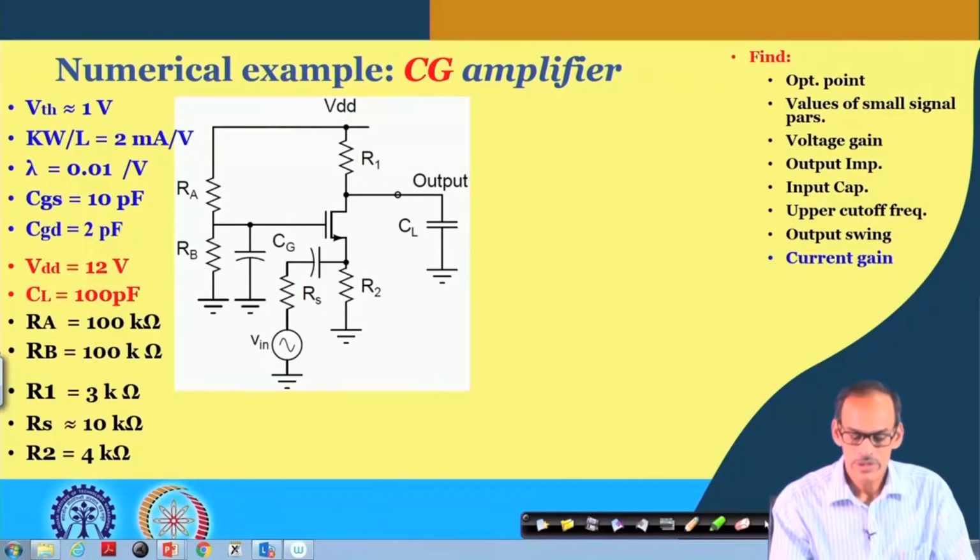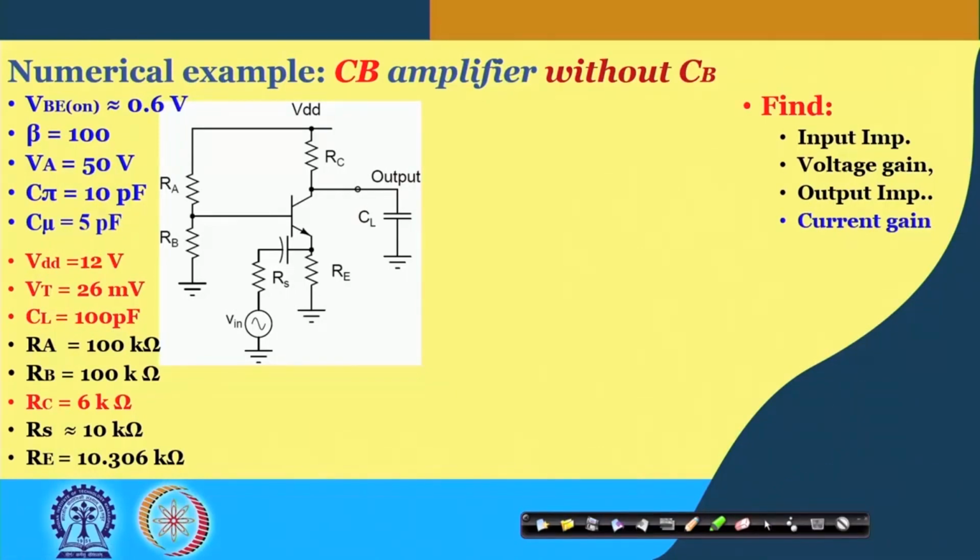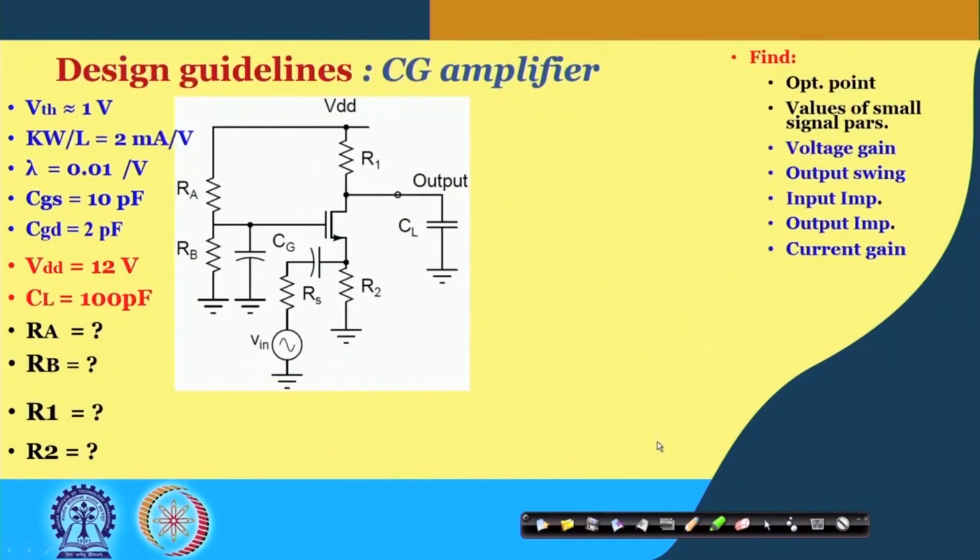Okay, I do have one more numerical example. Probably I will cover this one in the next class, because if I start explaining it, it will take more time. So, let me break here, and after this we plan to cover design guidelines.